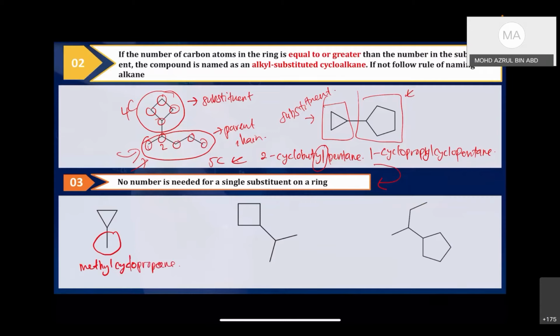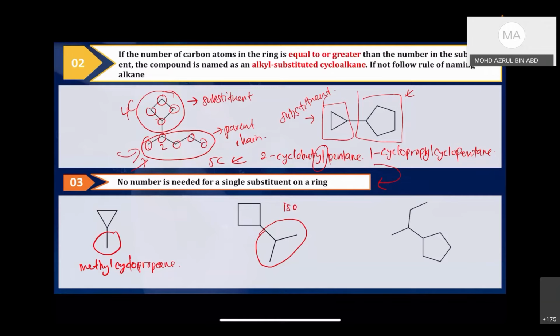Okay, what is the name of this substituent? I told you earlier, at the beginning of this slide, when we recalled the first chapter. I told you this one: iso.